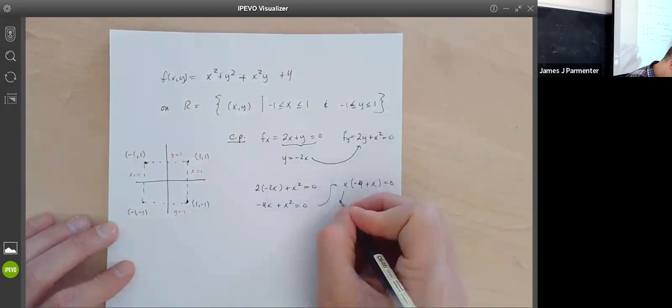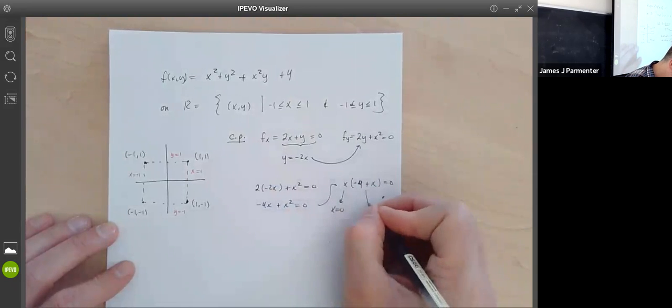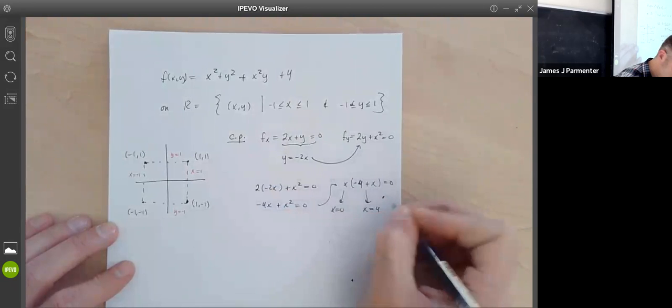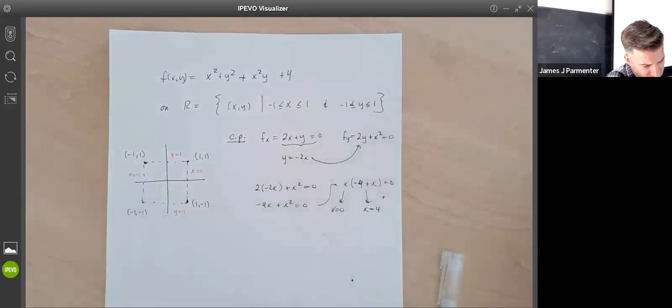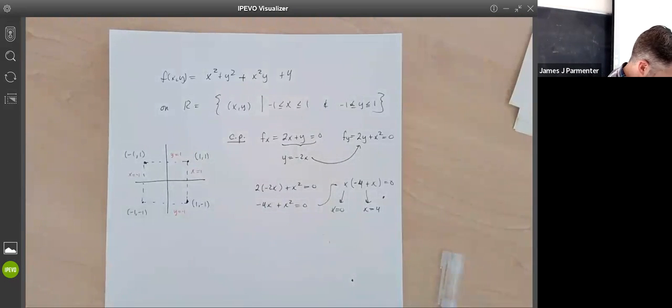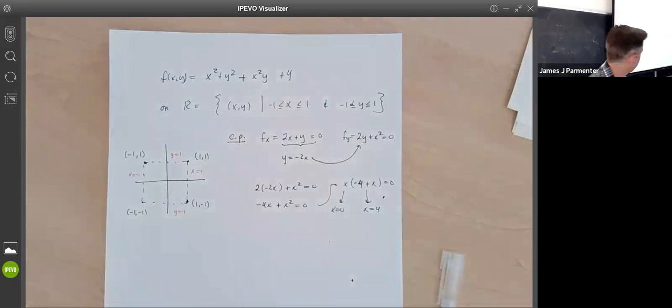So it looks like I'm getting x equal to 0 or x equal to 4. I feel like I should double check that, because I definitely made a mistake there. What did I do wrong? Oh, wow, I really did make a big mistake. Sorry, I was going kind of fast, so you probably didn't have a chance to catch me on it. What mistake did I make?